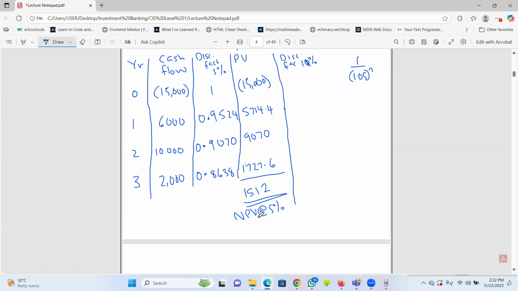So, again, we use 5% here and got an NPV value of 1512. So what I want to do is assume another discount factor that when I run through this, I will have a negative NPV value. Does that make sense to you now? Yes.